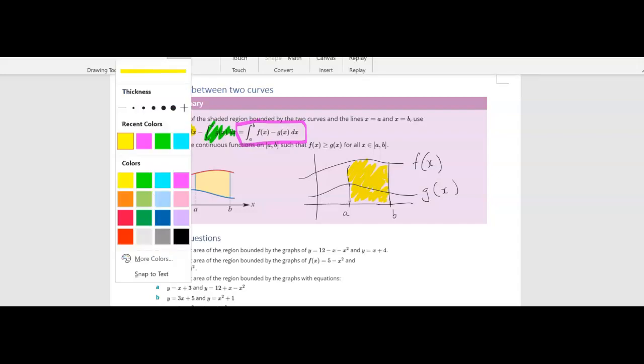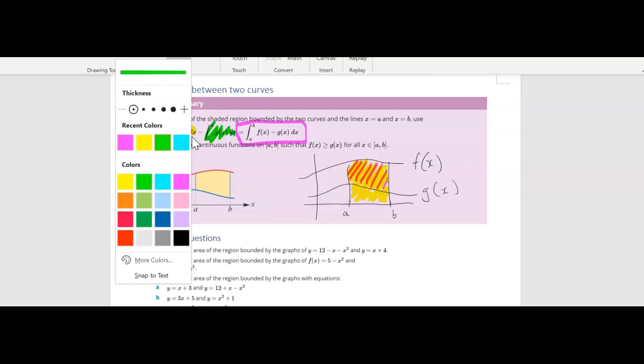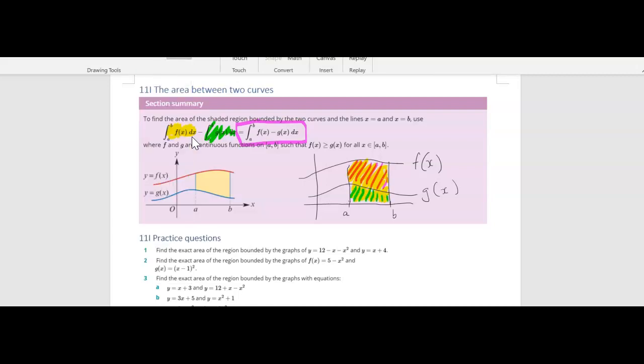Now, if we want to find the area between two curves, which is this area here, think about it: it's basically that yellow area minus this green area. That's why I've highlighted that in green. If we want to find the area of something, we find the area of the larger space, which is the area between the curve f of x and the x-axis, and we subtract the section we don't want.